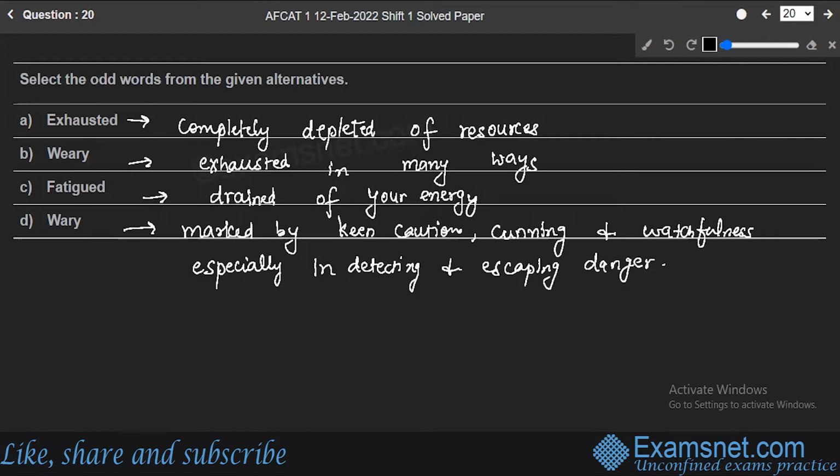So for the odd one out, three of them have the same meaning, and wary seems to be the odd one from them.